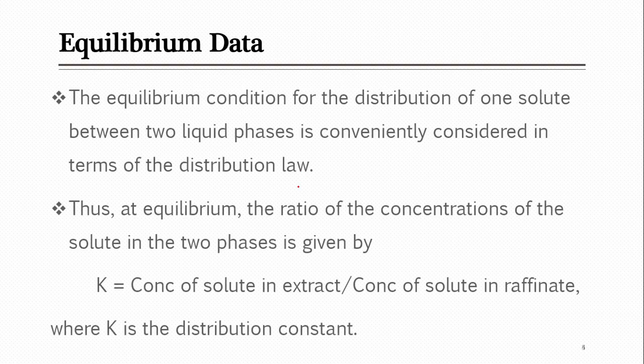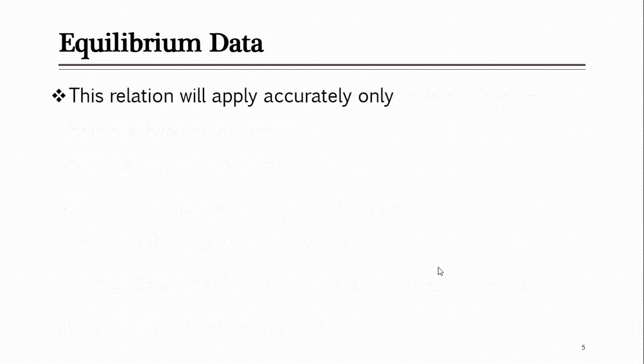This relationship which you have seen here, K, the concentration of solute in extract to the concentration of solute in raffinate, is applied accurately when both solvents are immiscible. This is necessary for this equation to be applicable. What does this mean?